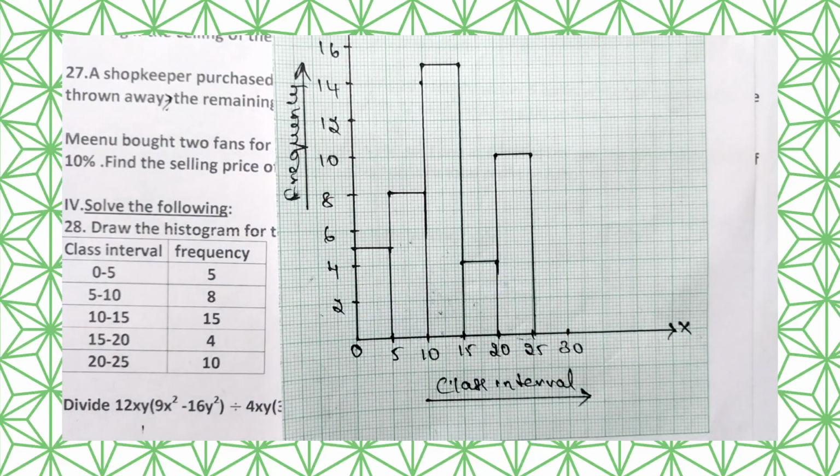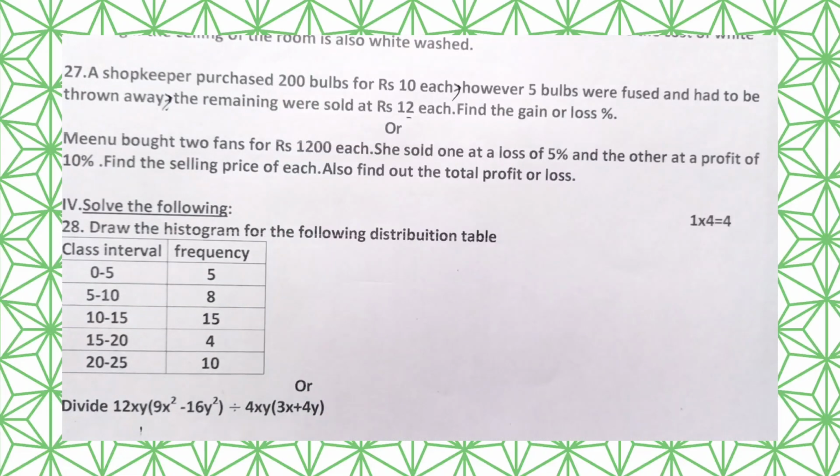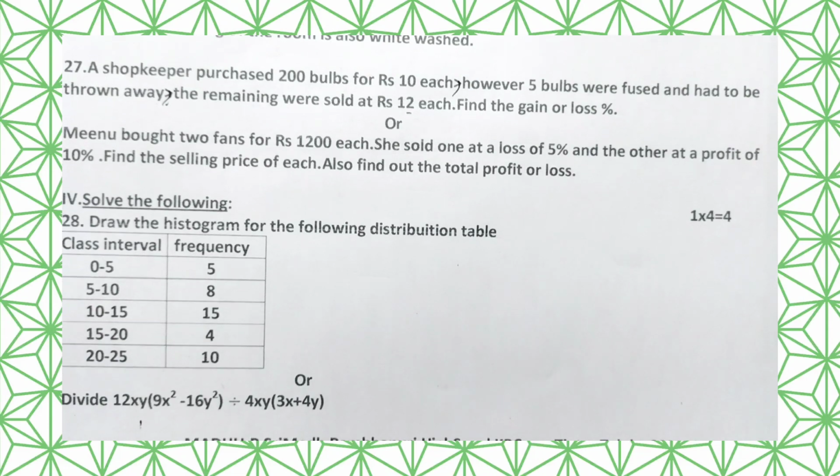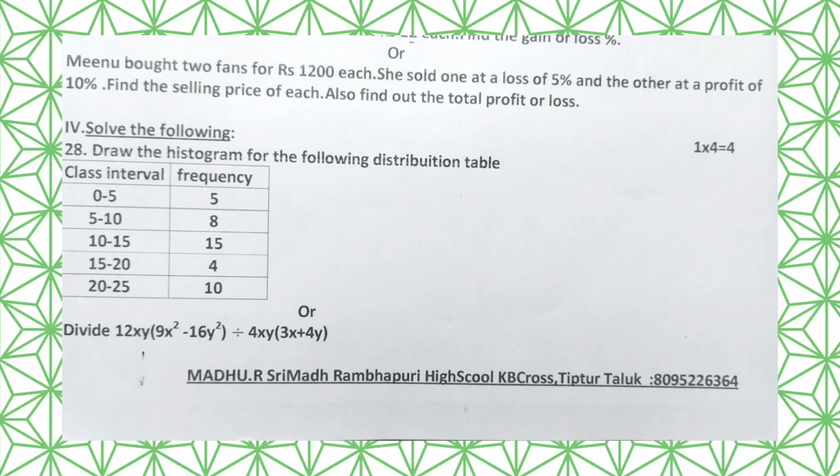So like this we have to draw the histogram for the given frequency distribution table. Now let us move to the next question. The question is divide 12xy into 9x square minus 16y square by 4xy into 3x plus 4y.